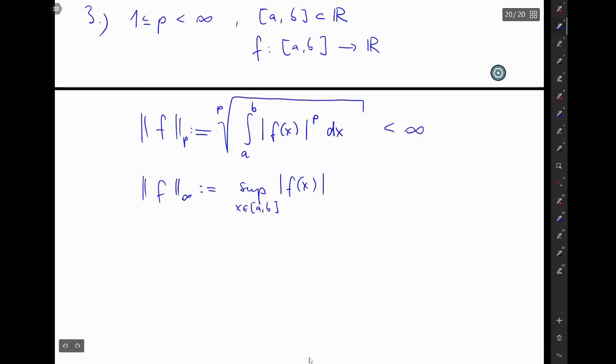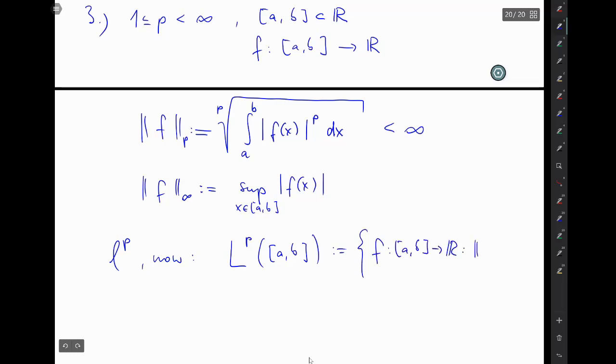Okay, and then instead of the spaces little lp, now you have big or capital Lp, and you say over which interval, and define it as the set of all functions f from this interval into the real numbers, where the p norm that we just defined exists and is finite.